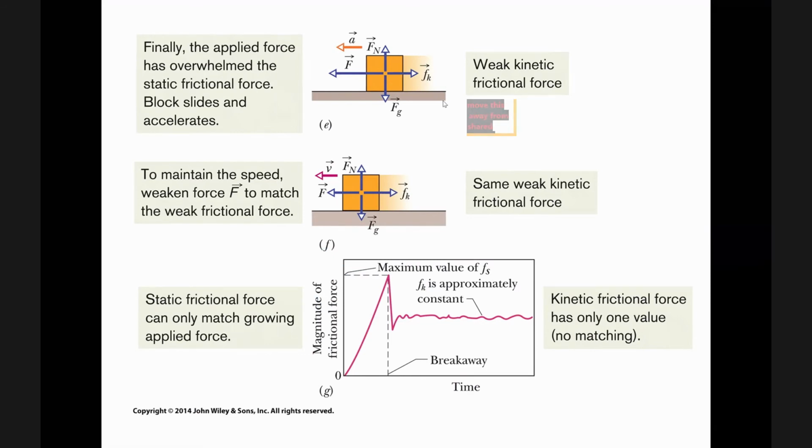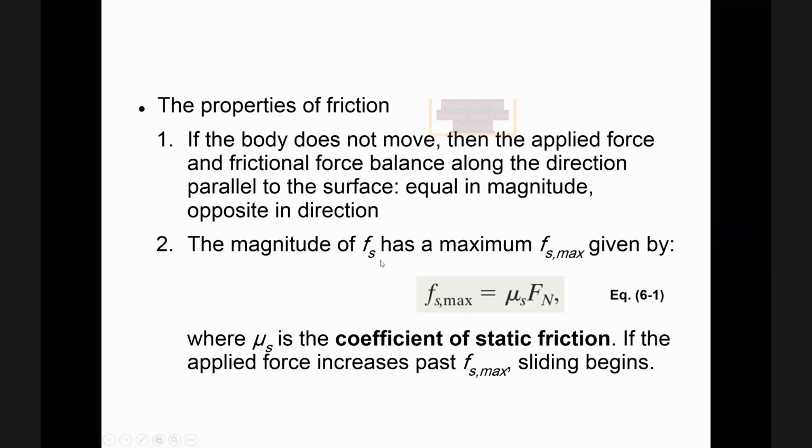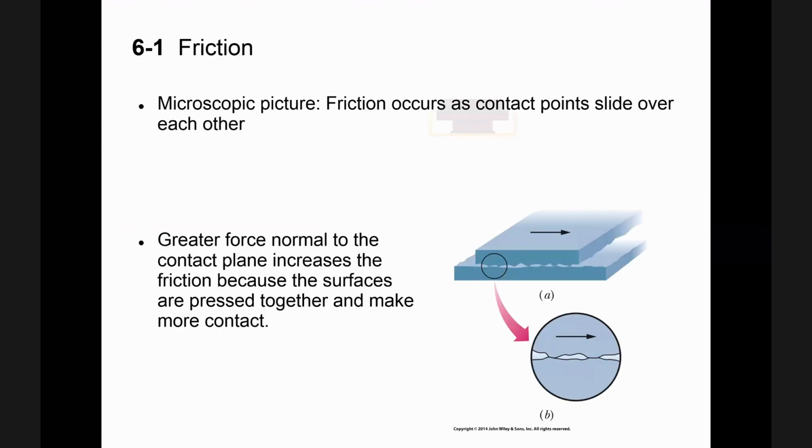So now we show you why friction happens. If somebody has a big magnifier, here is the surface and this is the object, and below is a surface.